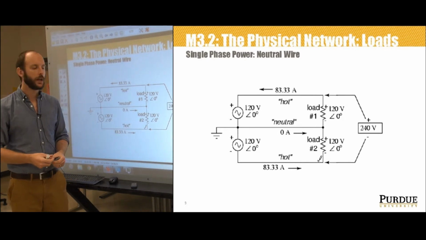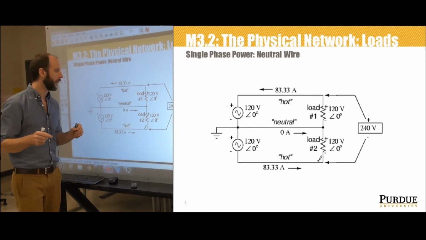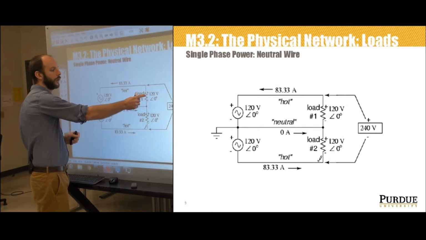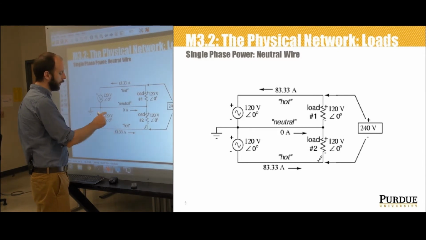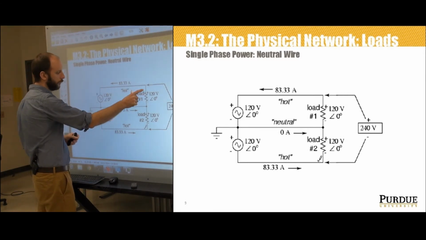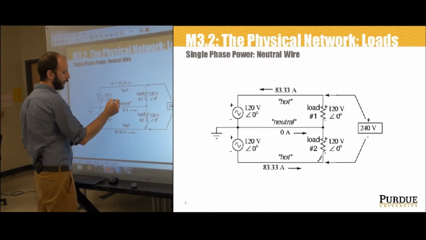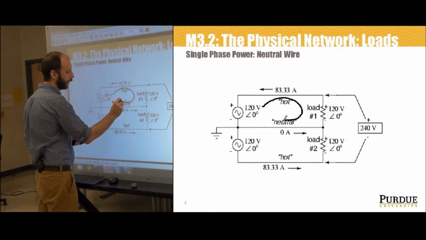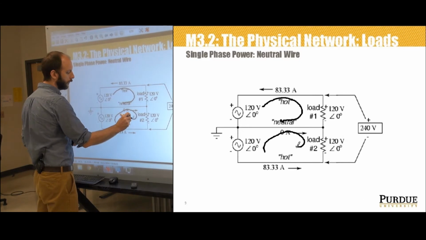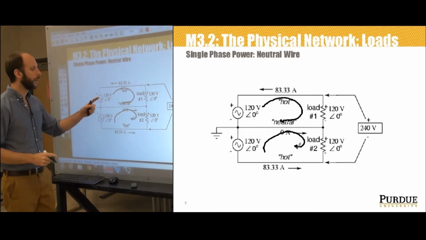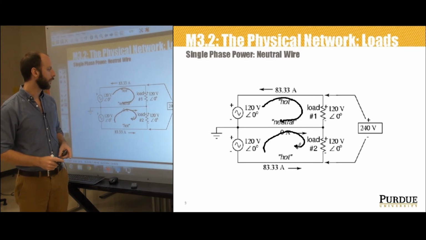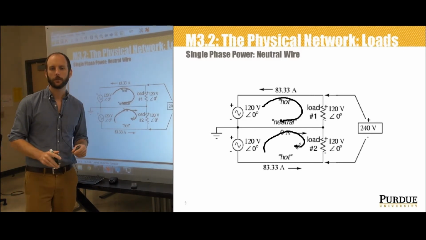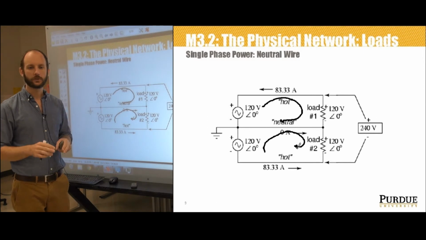So an additional interesting fact is that this guy's going to draw 83.33 amps. This guy's going to draw 83.33 amps, but due to the loop configuration, currents flowing in this loop here and currents flowing in this loop here, in the neutral wire, the 83.33 amps of loop flow on the top circuit and the 83.33 amps of loop flow on the bottom circuit are actually going to cancel.